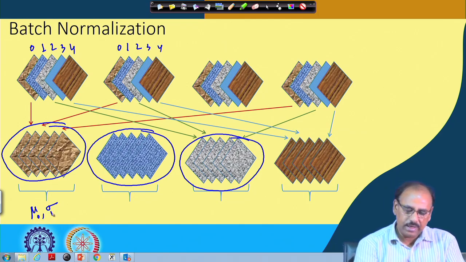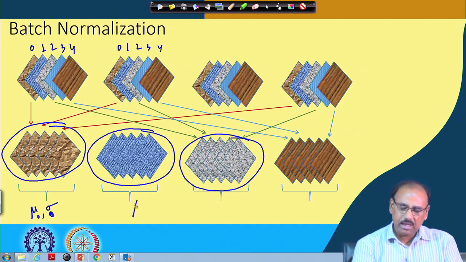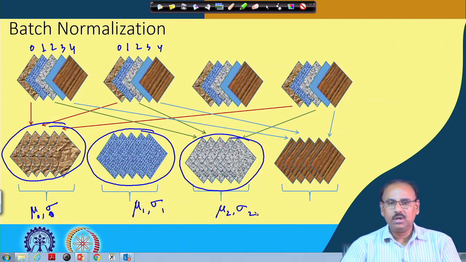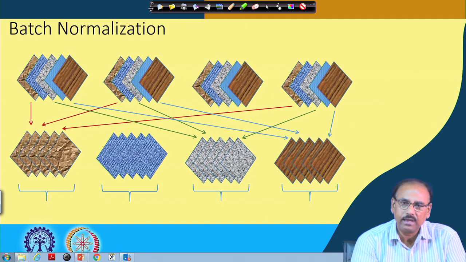I am putting it as subscript 0 because they are computed from the 0th channel. This may be mu 1, sigma 1, this may be mu 2, sigma 2, and so on. So these two parameters, mu and sigma, are computed from identical channels, the same channels over all the training examples. And that is how you compute the mean and sigma in the batch normalization technique.